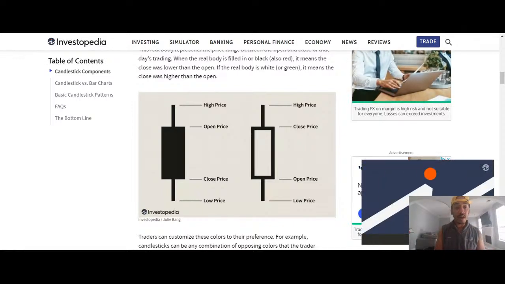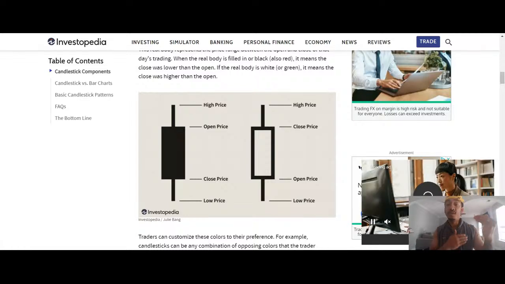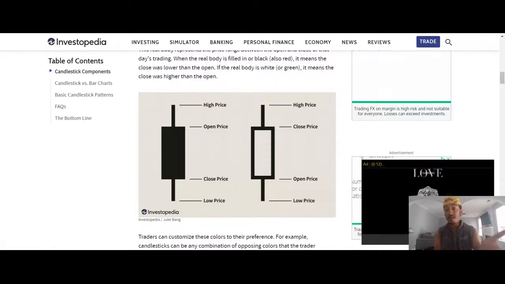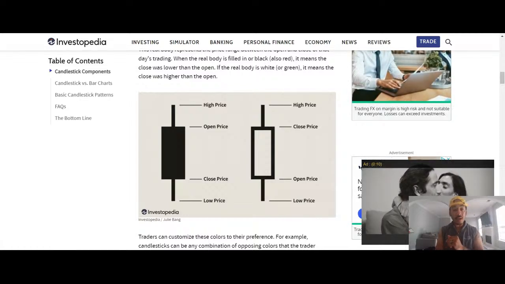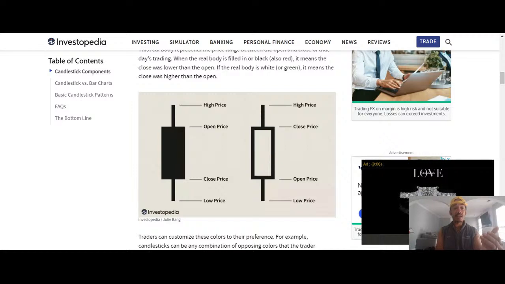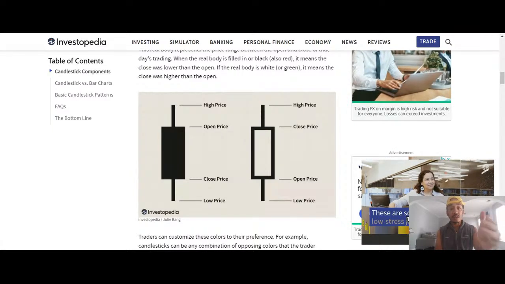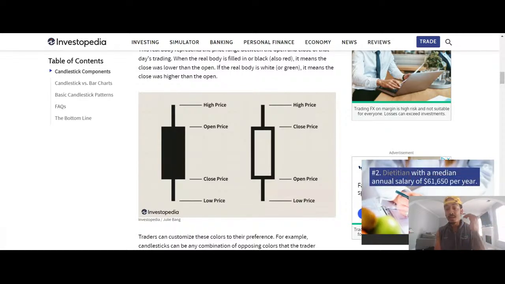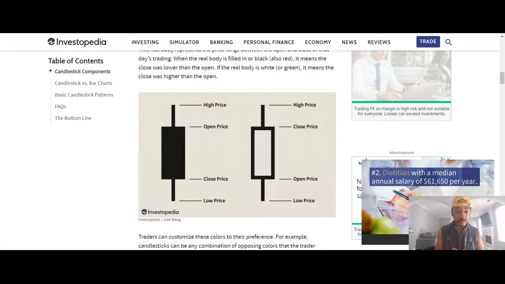The wicks are movement during that time period in between the open and the close. Sorry, this is a red candle because it closed lower. The red candle closes lower than the open, and the green candle closes higher than it opens.